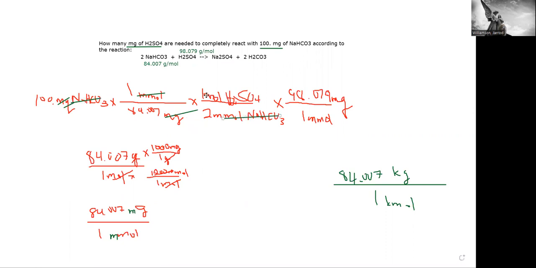And I'll be left with here, equals, I bust out my calculator, 100 divided by 84.007 divided by 2 times 98.079, and to 3 significant figures, I will get 58.4 milligrams of sulfuric acid is needed.